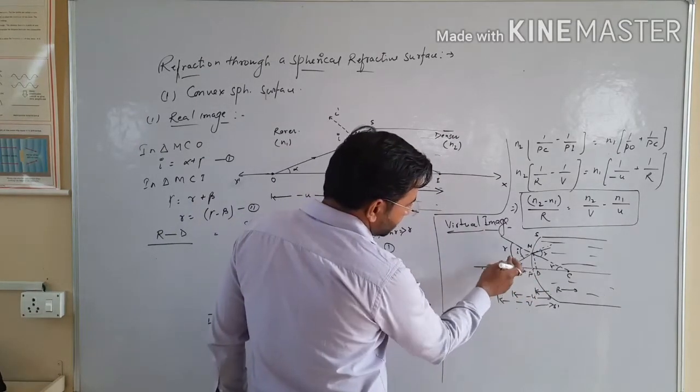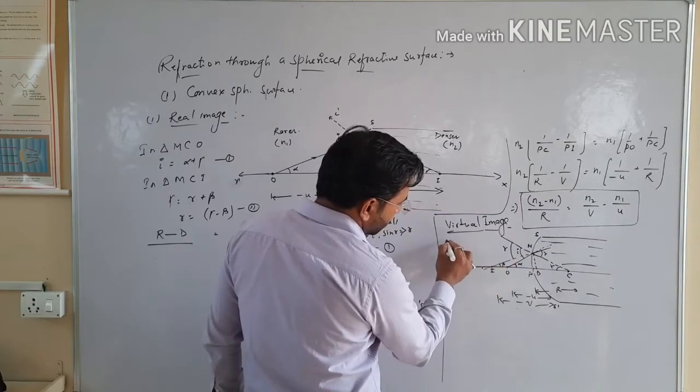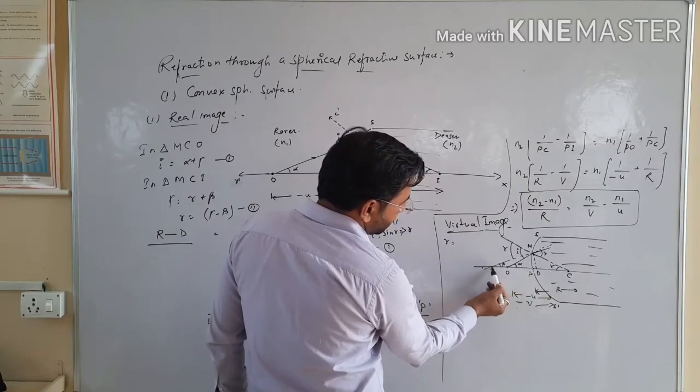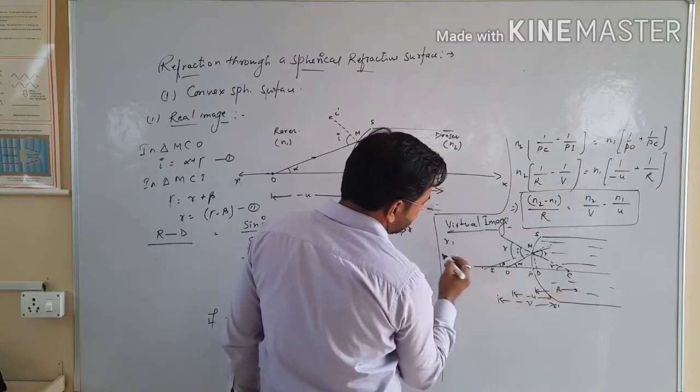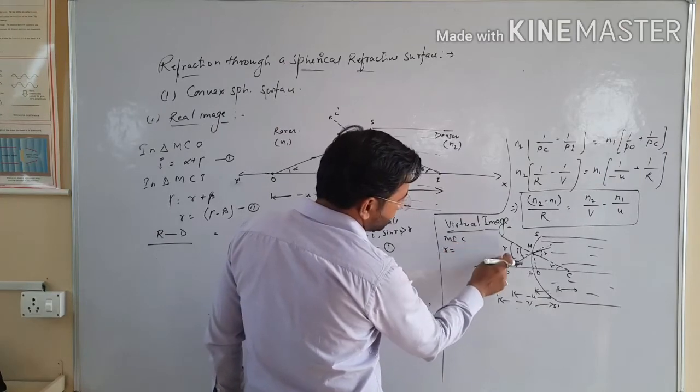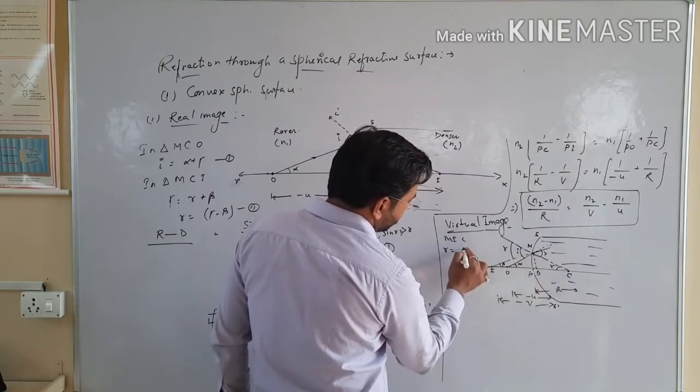So we can say here, by the exterior angle property in triangle MIC, angle R is equal to angle beta plus gamma.